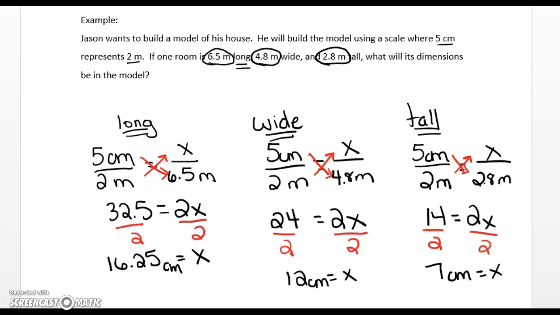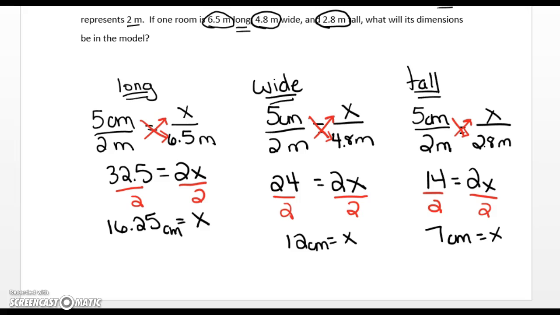So the last thing that we need to do just to finalize this question is we need to write a concluding sentence.